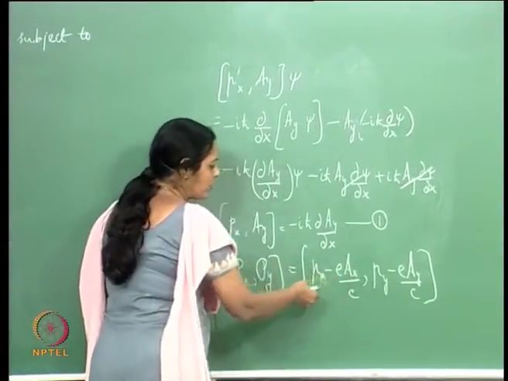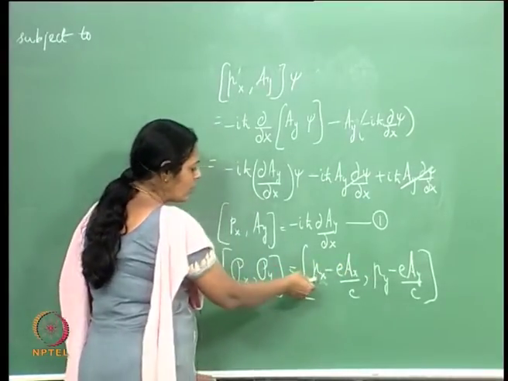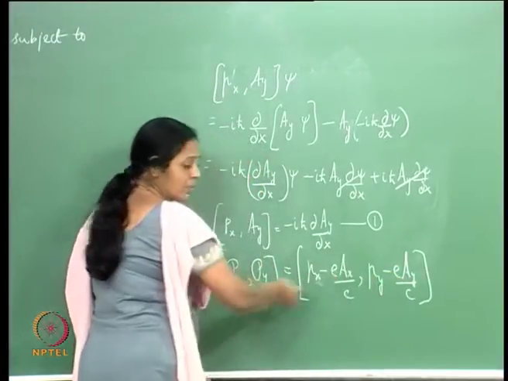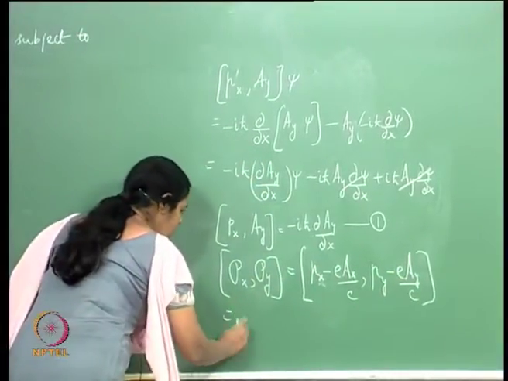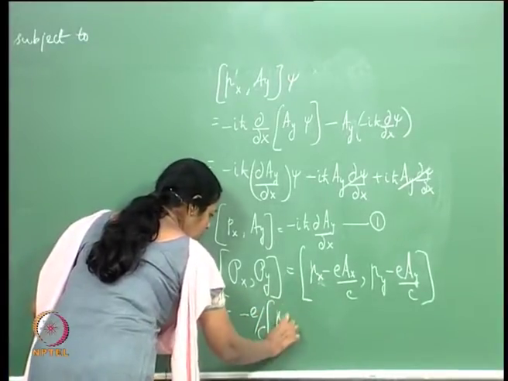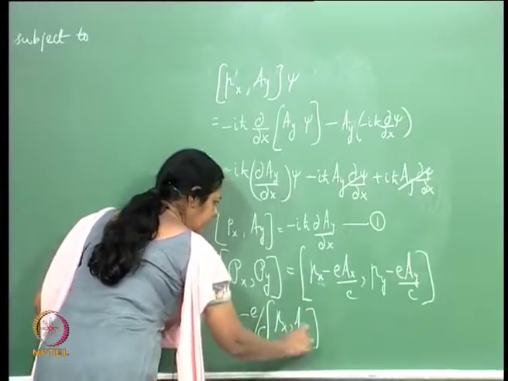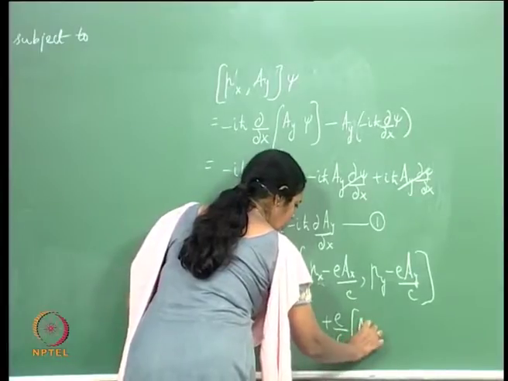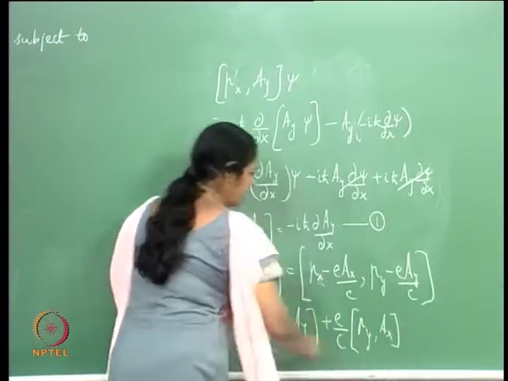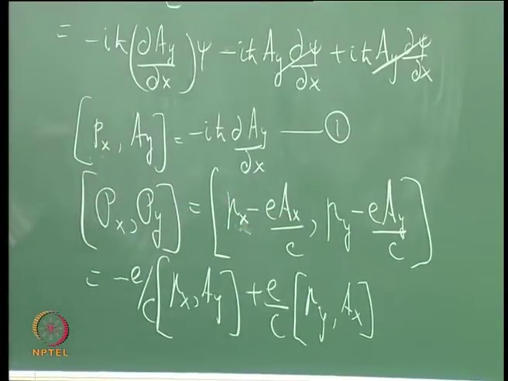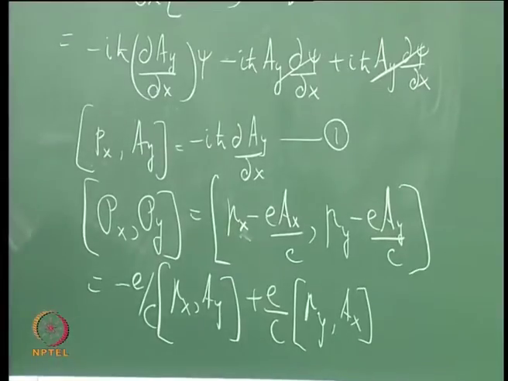Surely Px and Py commute with each other, and I already know the commutator between Px and Ay, even as I know the commutator between Py and Ax. So, this quantity is simply going to be minus e/c commutator of Px with Ay plus e/c commutator of Py with Ax, because the commutator of Ax with Py is minus the commutator of Py with Ax. So, I can now substitute and find out what this is.